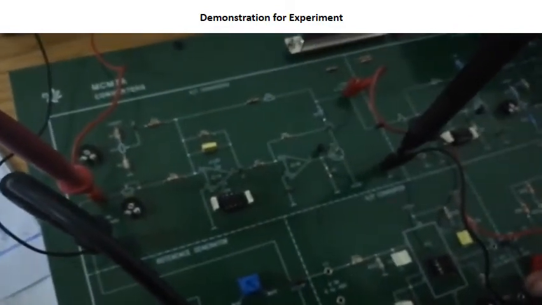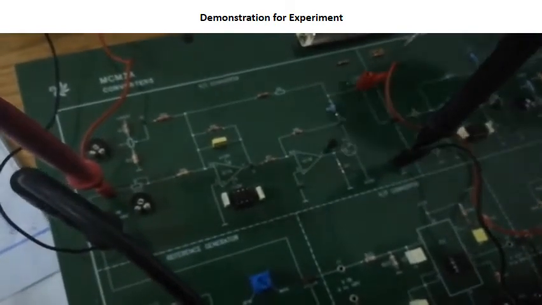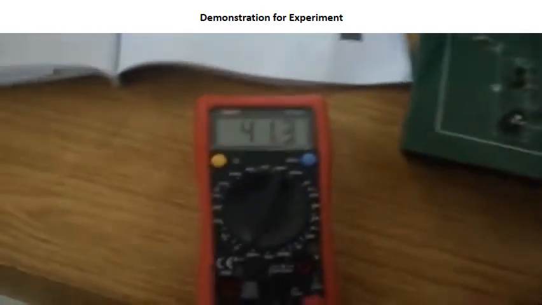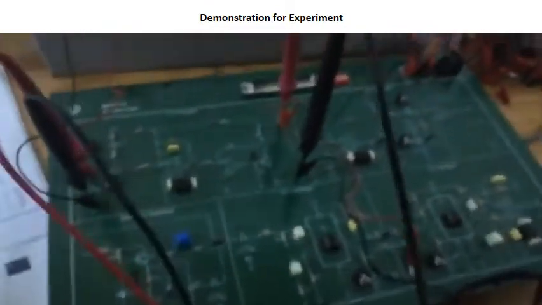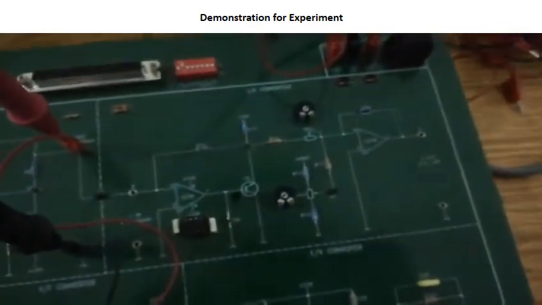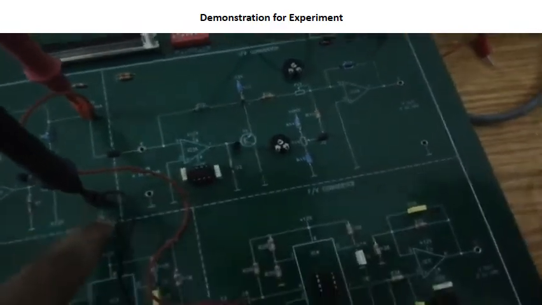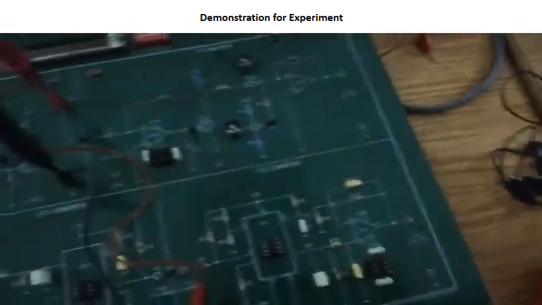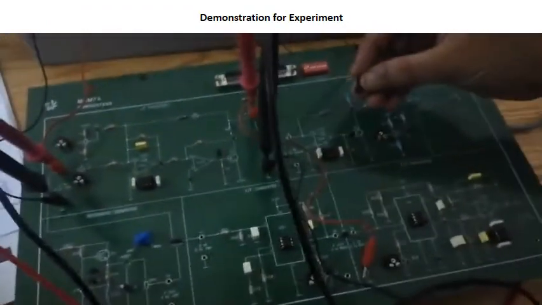It means the current value has decreased. Now switch off S3 and switch on S11, which is also available on the module. Now it is 41.4 microamperes. It is a huge change in the amount of the current. So our experiment is working properly.